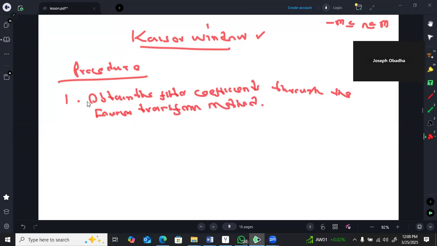We had seen how this one is done in our previous lesson.